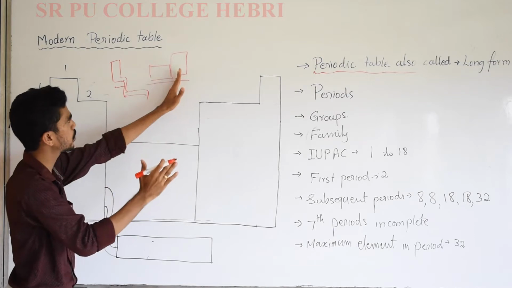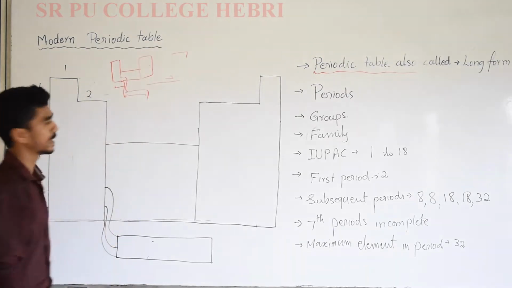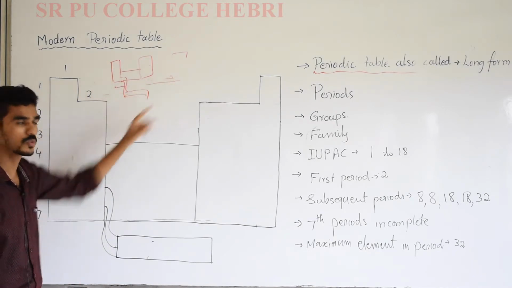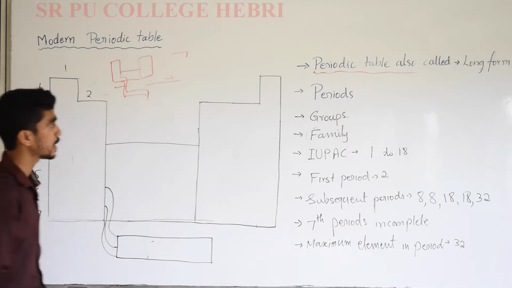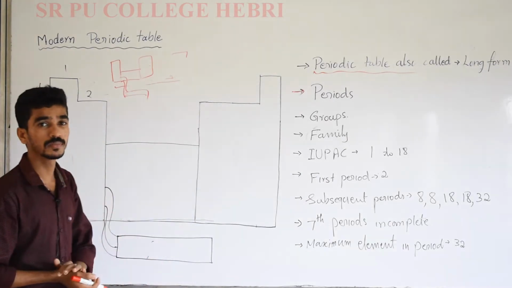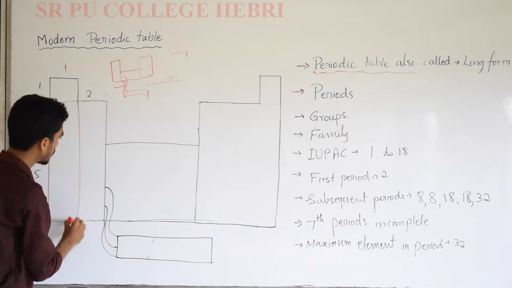Otherwise this portion would join the first portion like this. That's why it is called the long form periodic table. And in this periodic table there are particular terms.